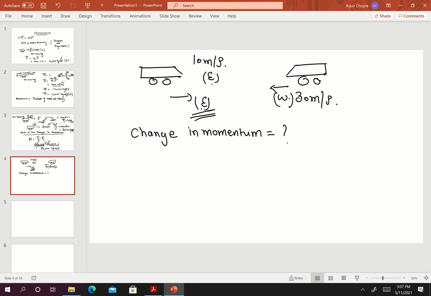So change in momentum value will be equal to, again, delta P. Delta means change. This symbol is the representation of change. This is called delta. So delta P is equal to P final minus P initial. So the initial momentum, P initial, is equal to, I can take it from the previous, or you can calculate it also.